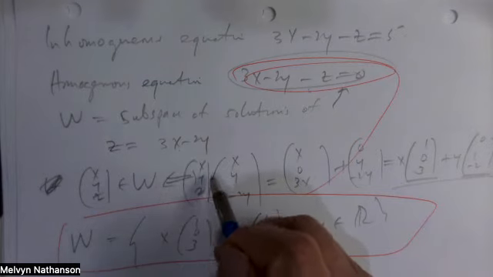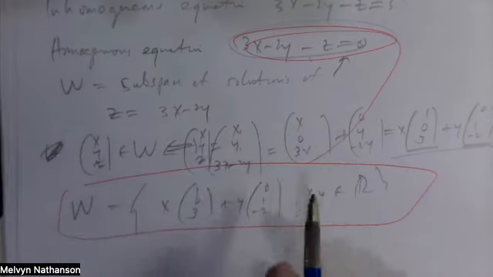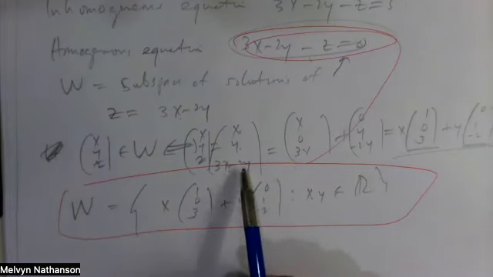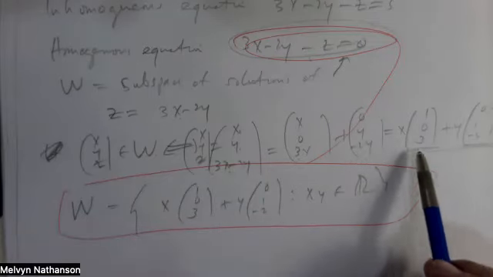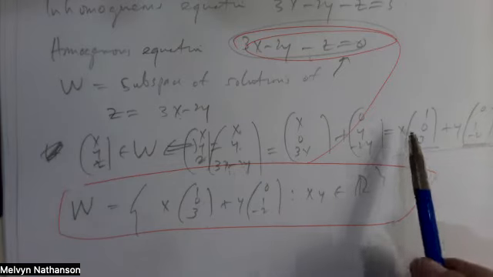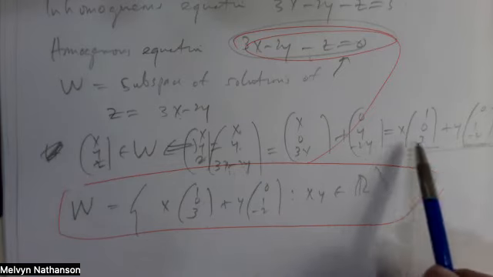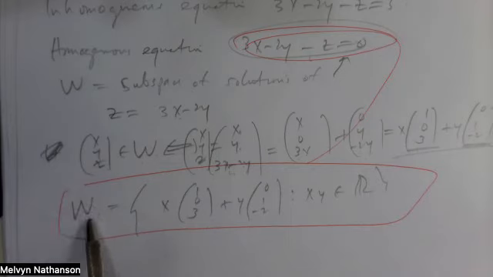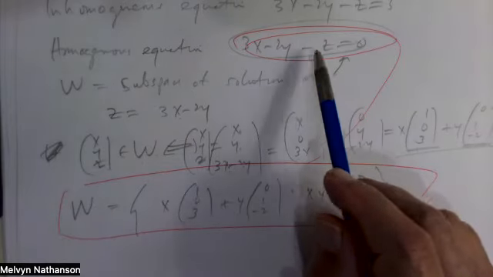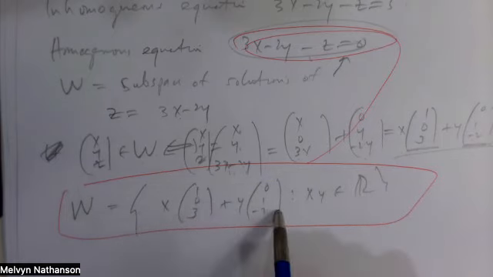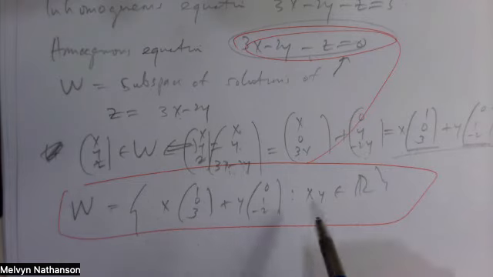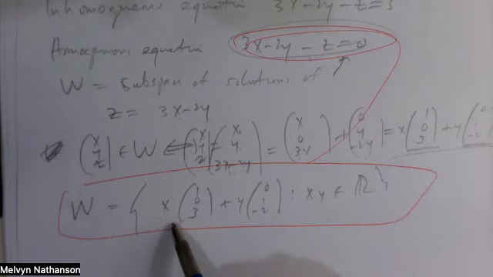So x, y, z is x, y, 3x minus 2y. And if I separate the x and the y parts of this vector into two vectors, this is the sum of these two vectors, for any scalars x and y. So the solution space W of the homogeneous equation is the set of linear combinations of these two vectors. For any x and y, you get a solution of the homogeneous equation, and every solution of the homogeneous equation is of this form.